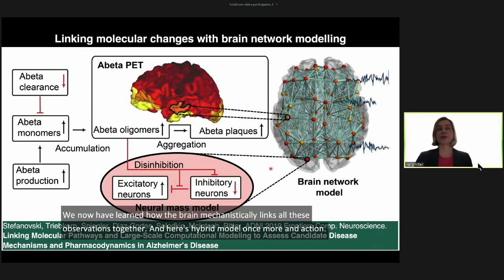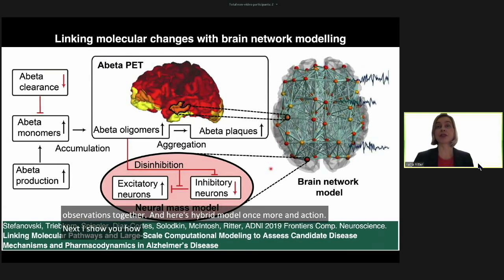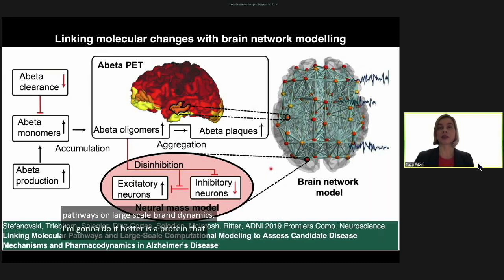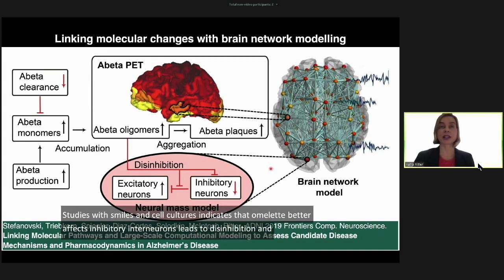Next, I show you how we can simulate the effect of altered molecular pathways on large-scale brain dynamics. Amyloid beta is a protein that accumulates in Alzheimer's disease. Studies with mice and cell cultures indicate that amyloid beta affects inhibitory interneurons, leads to disinhibition, and increases activity of pyramidal cells.